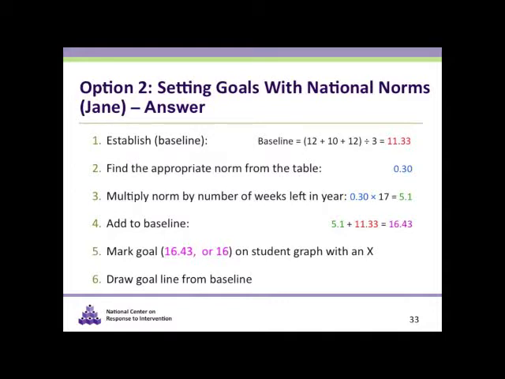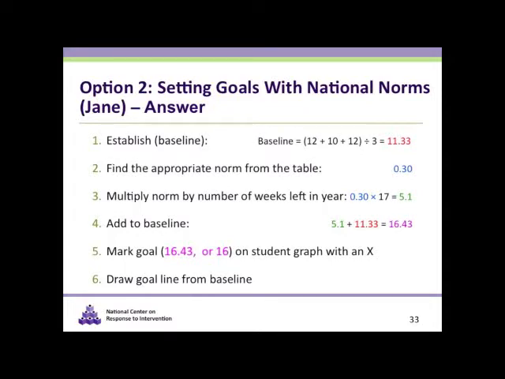Then, the norm is found on a table. We just looked at this. The norm for Jane's grade level on CBM is 0.30. The norm is multiplied by the number of weeks until the end of the year. So 0.30 times 17 equals 5.1. 5.1 is added to Jane's baseline score, which equals 16.43. Jane's end-of-year goal is 16.43.